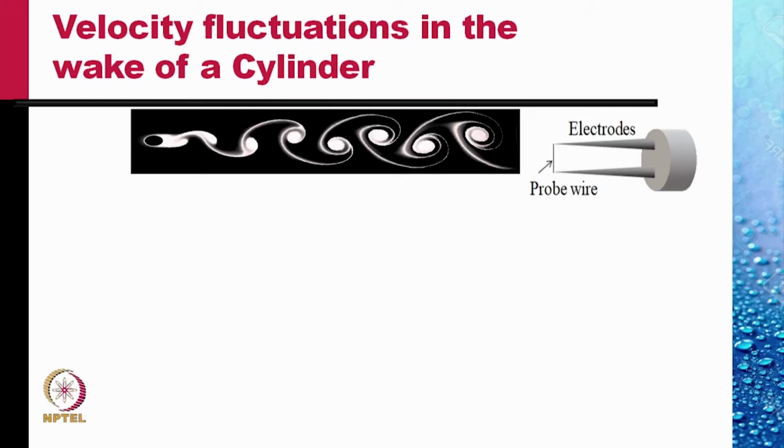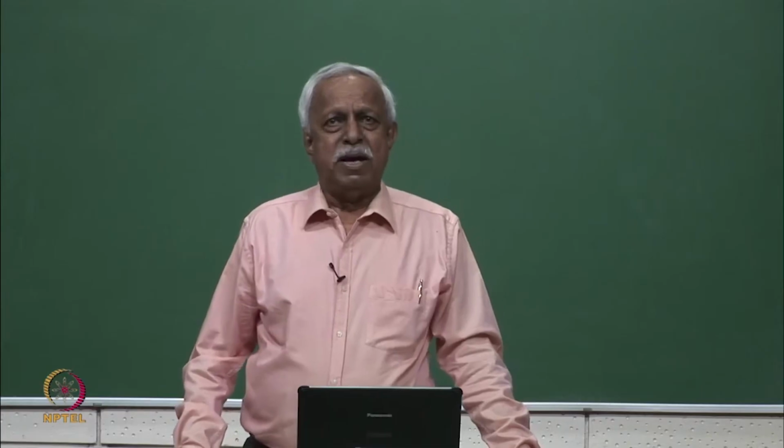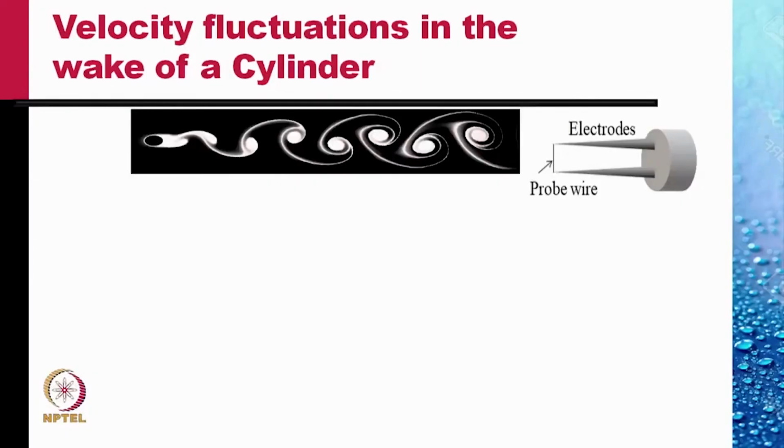As the flow takes place over this wire, the wire loses heat, and if we can measure the amount of heat that is lost, we can estimate at what velocity the air must be crossing the wire. This probe, being very small in diameter, has a very small time constant, and from using this we can measure the fluctuations in velocity.